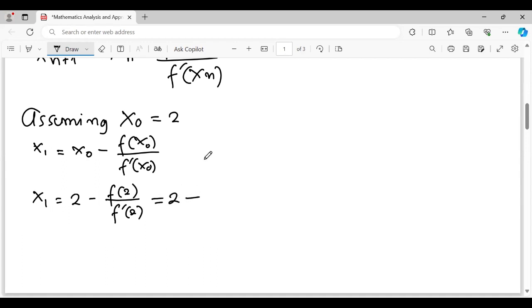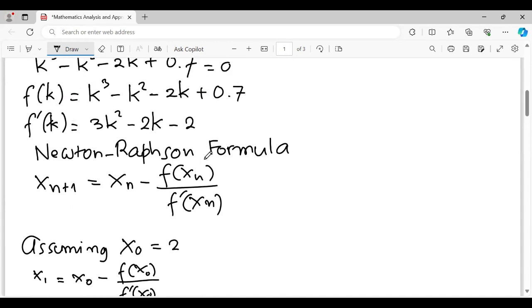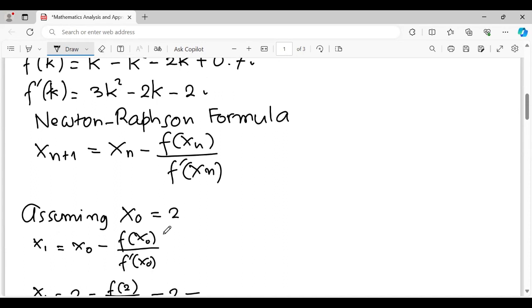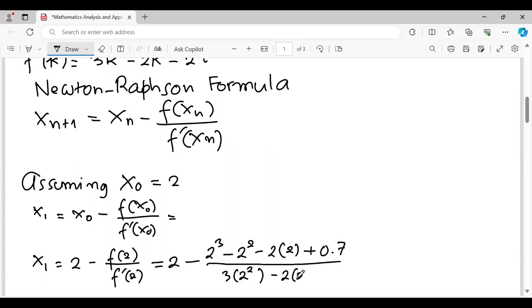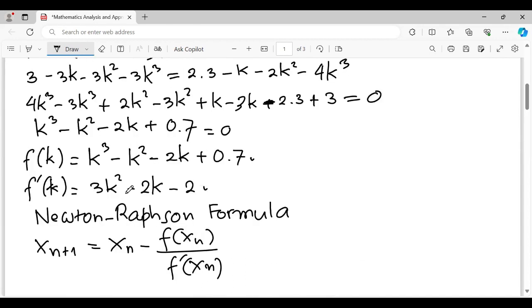So 2 minus 2 cubed minus 2 squared minus 2 times 2 plus 0.7, over 3 times 2 squared minus 2 times 2 minus 2. This is the derivative, and this is the function.